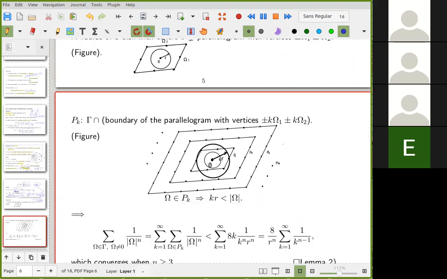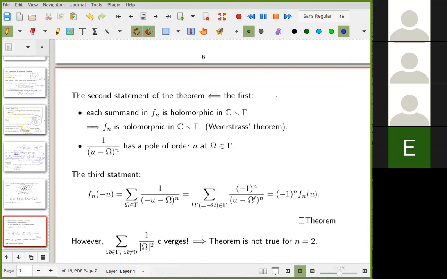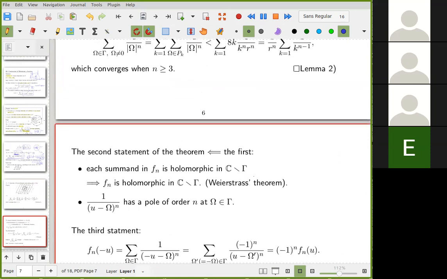And each summand, which means u minus omega, such a term is of course holomorphic.